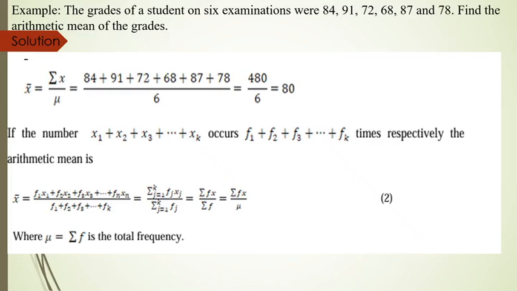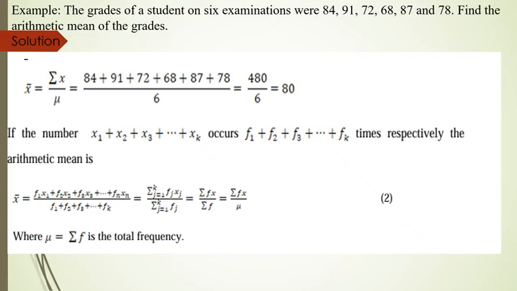So as stated in equation 2, it will be summation j equals 1 to k of fj xj all over the sum of all the frequency given, which equals summation fx, that is the sum of the observation multiplied by frequency. We sum it all together all over the sum of frequency, as we can see in equation 2.